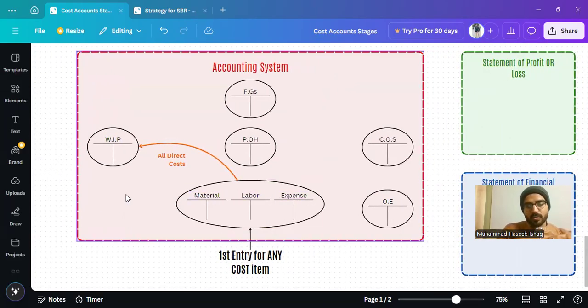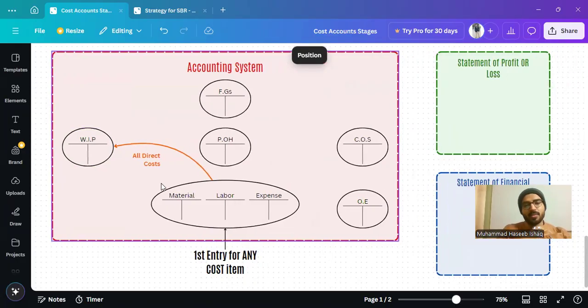Material, labor, or expense account. For the material account, it was getting all the costs related to materials. Under this account, direct material was debited, and indirect materials were also debited. For the direct material cost, in the second stage, it is going to be transferred into the work in progress account.